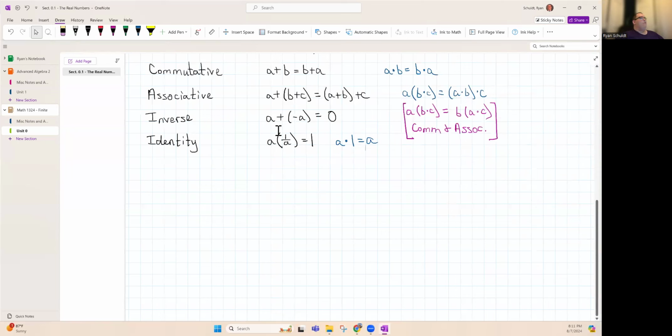Another thing that involves real numbers that you've talked about before in your other classes is the order of operations. So normally, when you do order of operations, you think PEMDAS.